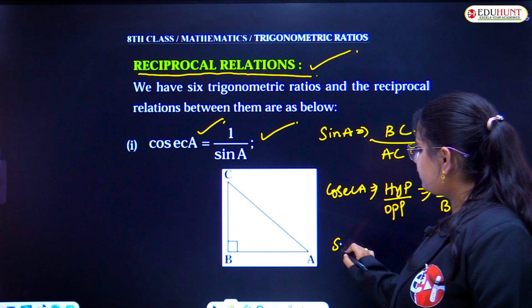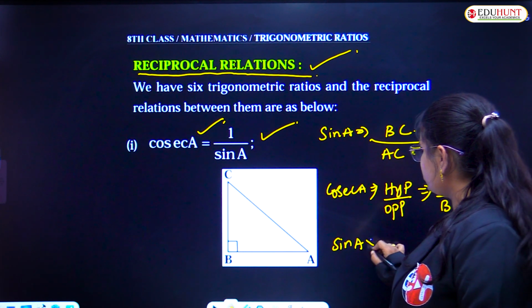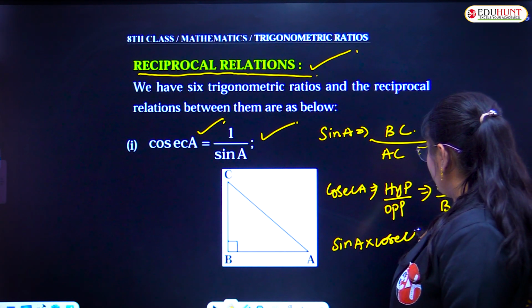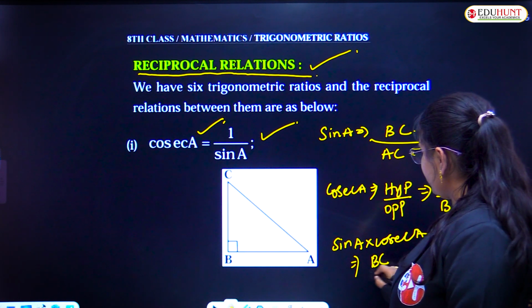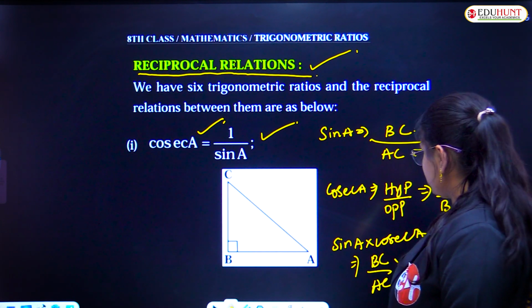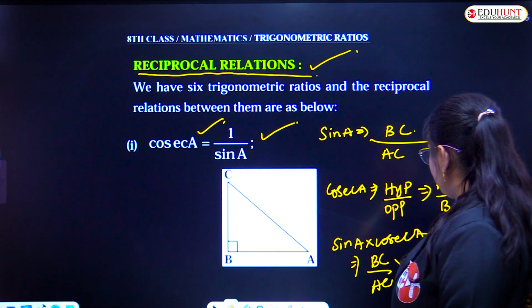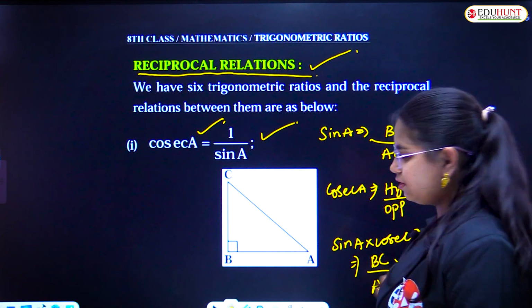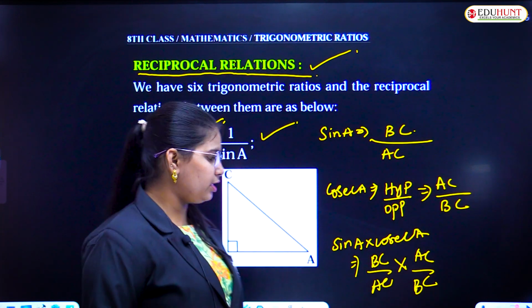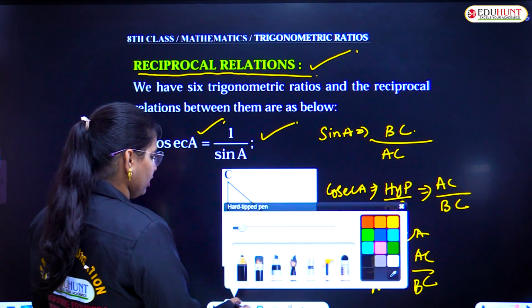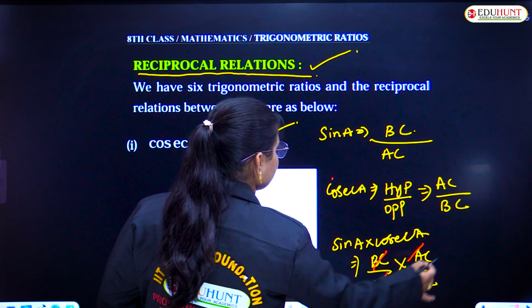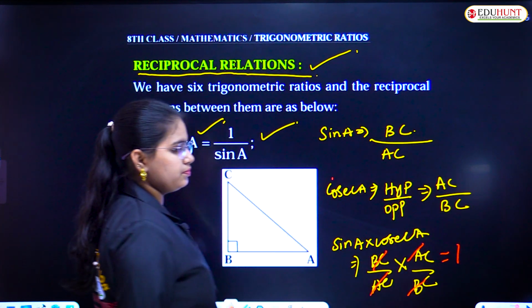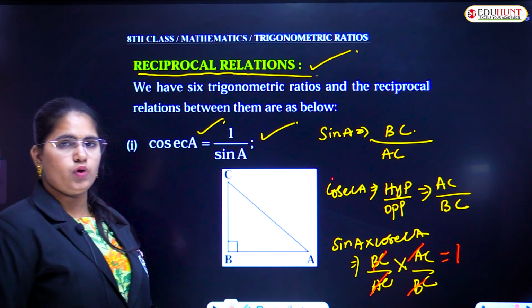Multiply these both, sin A into cosecant A. BC by AC must be multiplied with AC by BC. If you cancel BC, AC and BC, you will be left with 1.